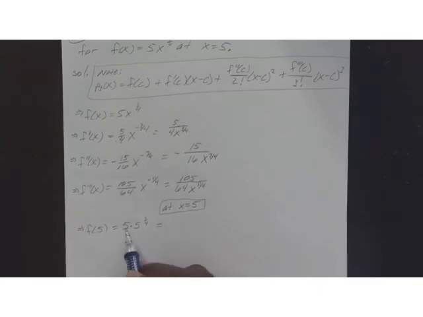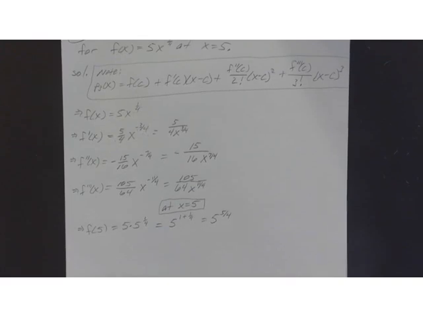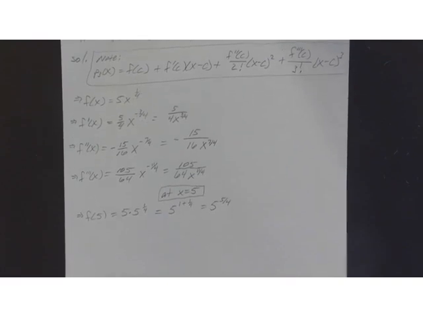Or you could just say 5 to the first power times 5 to the 1/4 power is 5 to the 1 plus 1/4 power, or 5 to the 5/4 power. And just let me kind of separate these a little bit.